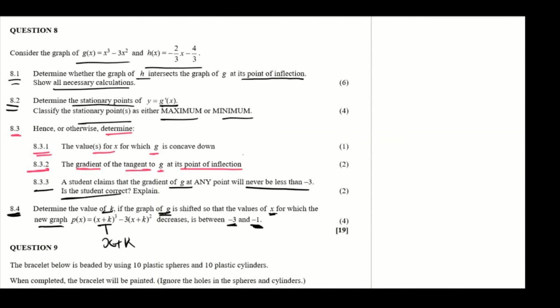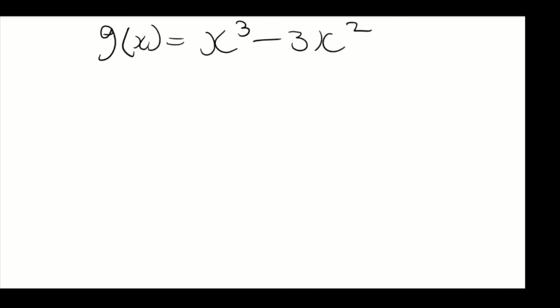So the first thing we're going to do here is identify the gradient of the equation of g. We know that g of x is equal to x cubed minus 3x squared, right? And we are told that there's a shift. The shift is x plus k, right? So we want to find the value of k.